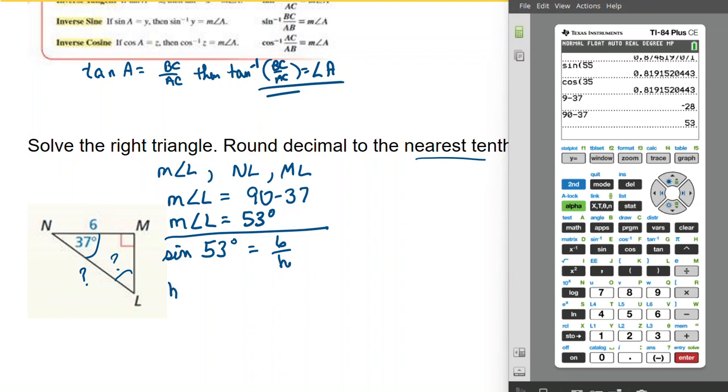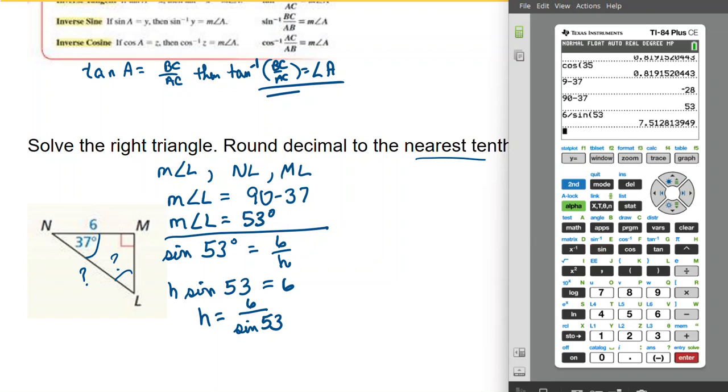So I'm going to have h sine of 53 equals 6. Therefore, h has to be 6 divided by the sine of 53. So we're going to stick that in our calculator. 6 divided by the sine of 53. And I get in 1 decimal, h equals 7 5/10. So I've got this one.